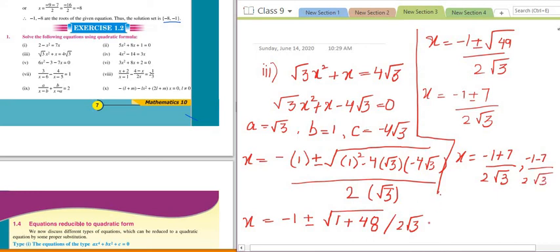This becomes minus 1 plus 7 is 6 by 2 square root 3, and this is minus 8 by 2 square root 3. 2 times 4 is 8, and 2 times 3 is 6. It can be simplified further.